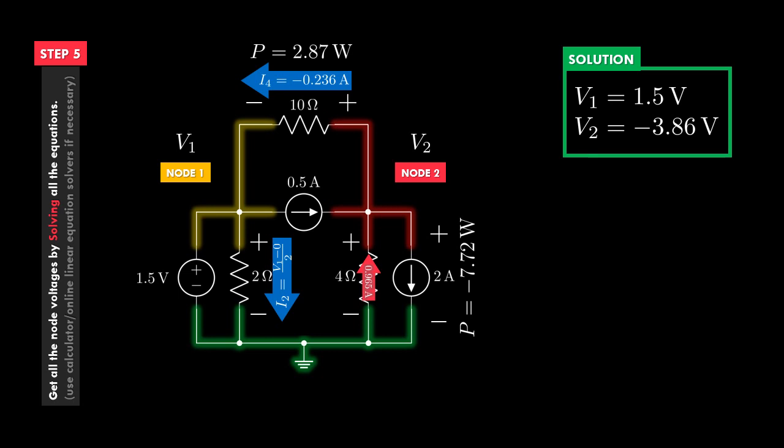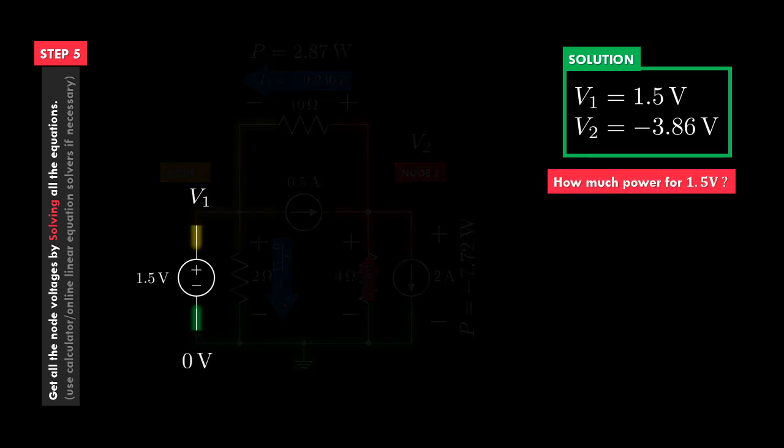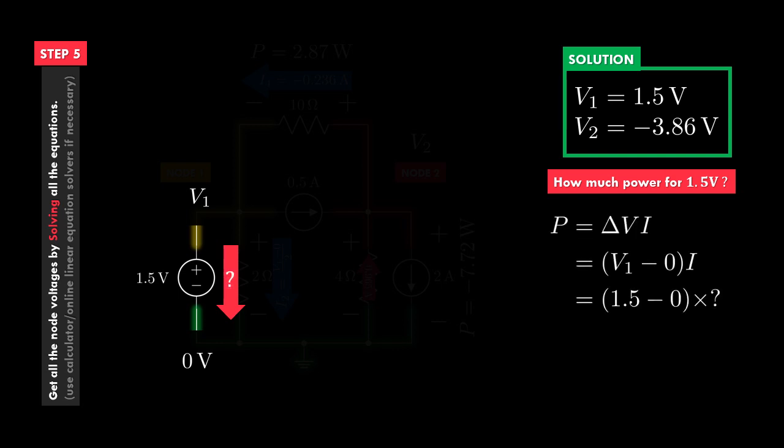And now, lastly, we can calculate the power of a voltage source. Let's see how we can do that. Since we have the positive terminal on the top, and according to the passive sign convention, we need to take the direction of current from top to bottom. And this is where we ran into this same problem. In order to figure out the power, we need to figure out the current first.